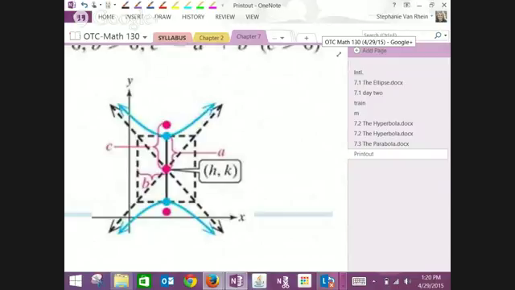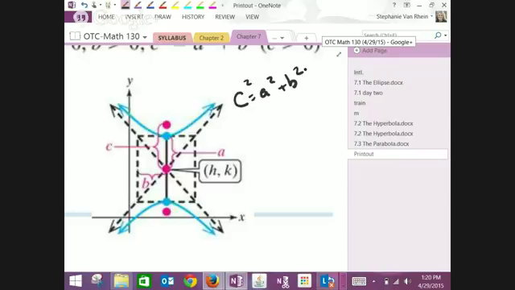The vertex is always A units from the center. And we have C squared is A squared plus B squared. So you can get away with calling A or B something different and still get C. Right?